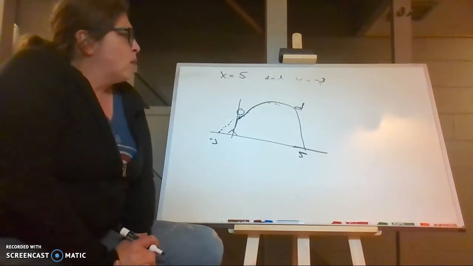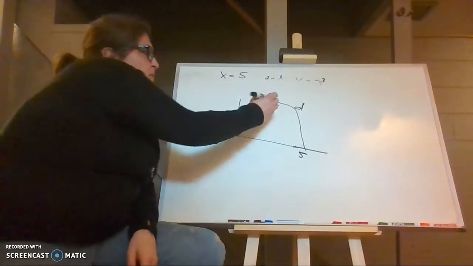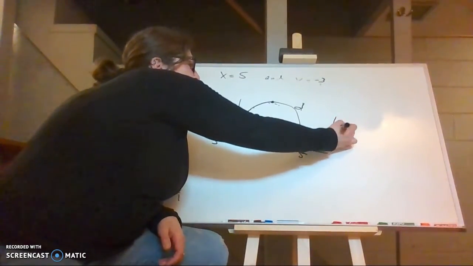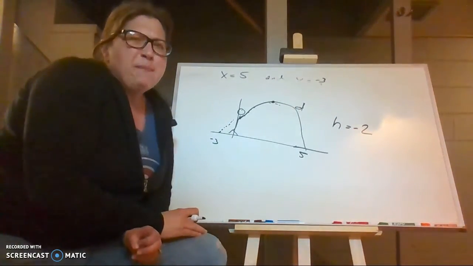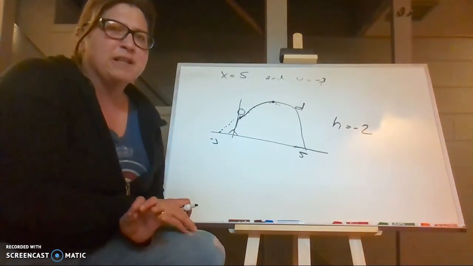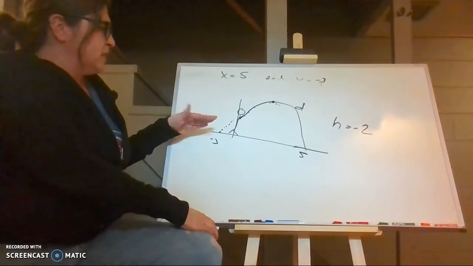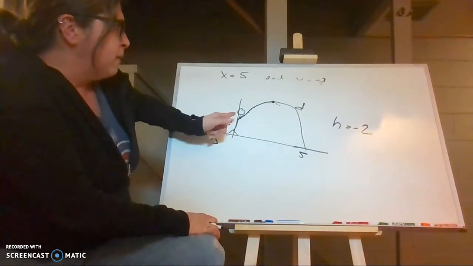I want to ask you a question. If I tell you the maximum height, meaning the vertex, is -2, does that make sense? I want you to just think about it. Well, no, it doesn't make sense. I'm starting at 0, which is here, and I'm throwing it up.